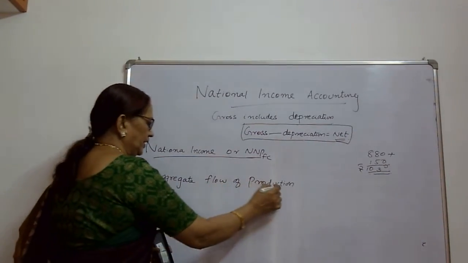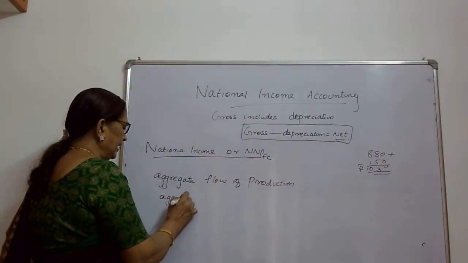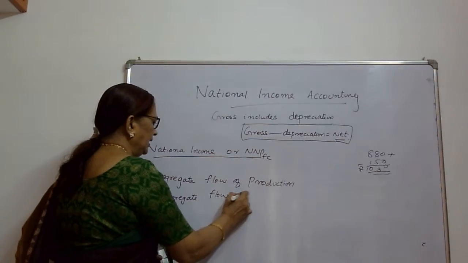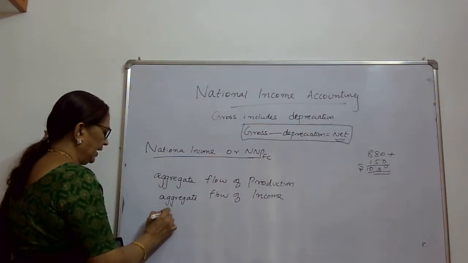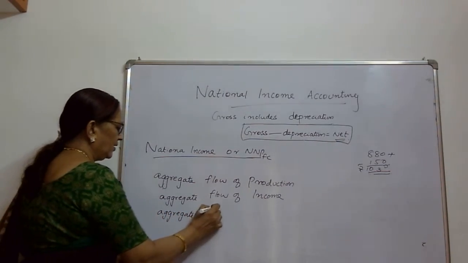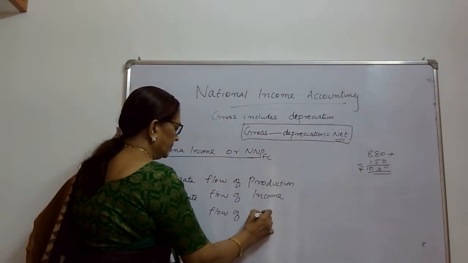Aggregate flow of production, or it can be expressed as aggregate flow of income, or aggregate flow of expenditure.